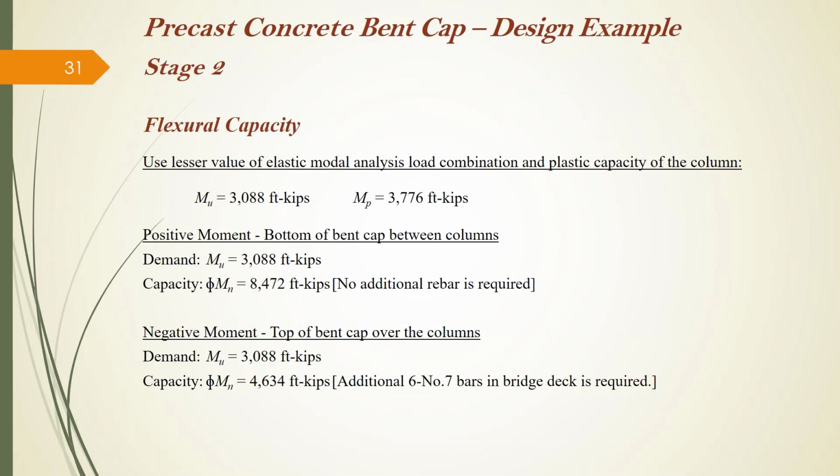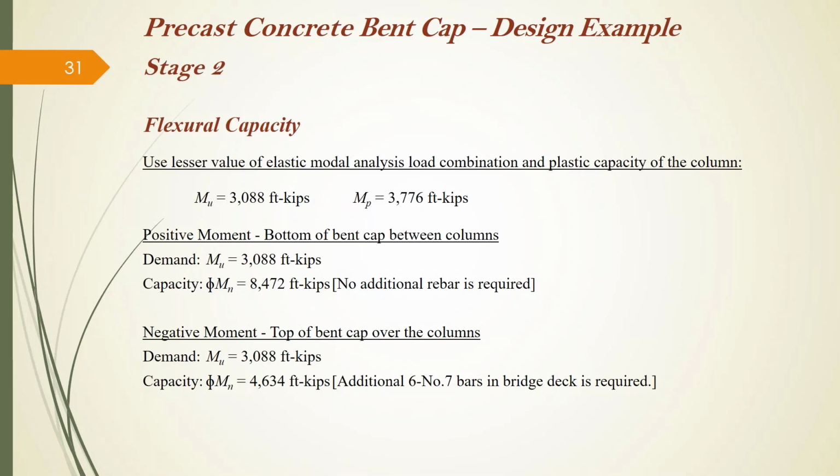This elastic flexural demand needs to be compared with the plastic moment capacity of the column, and AASHTO allows the lesser of the 2 to be used for the capacity protected cap beam that we are designing. In this case, the elastic force is the lesser of the 2.